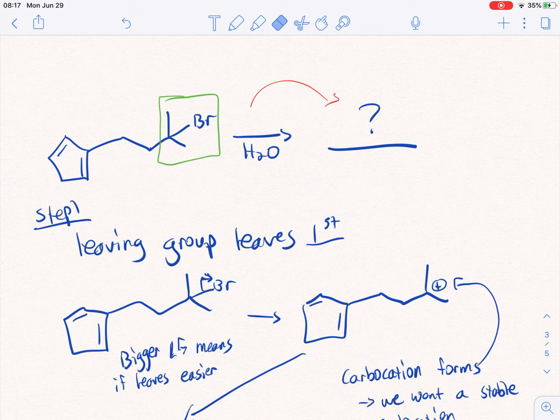The leaving group is important for SN2 because we wanted a primary, secondary, tertiary in order of most important to least important, right?